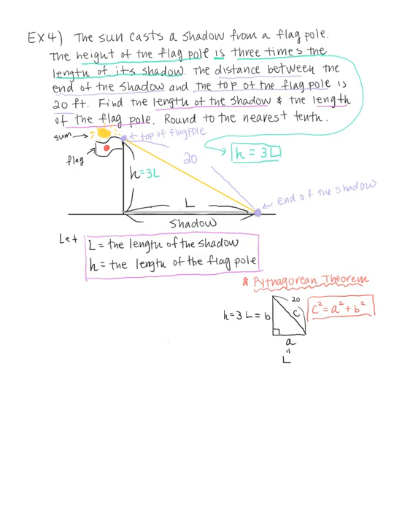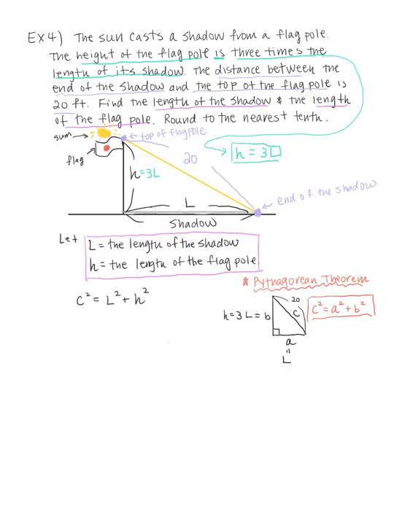Now we're going to apply the Pythagorean theorem to this. So we have hypotenuse squared, which will be c squared, equals a squared plus b squared. So in this case, we have L squared plus h squared.